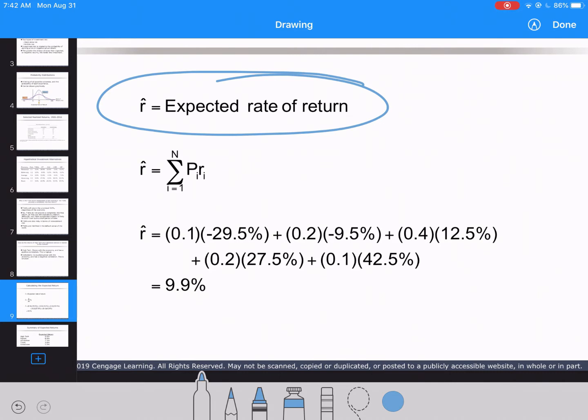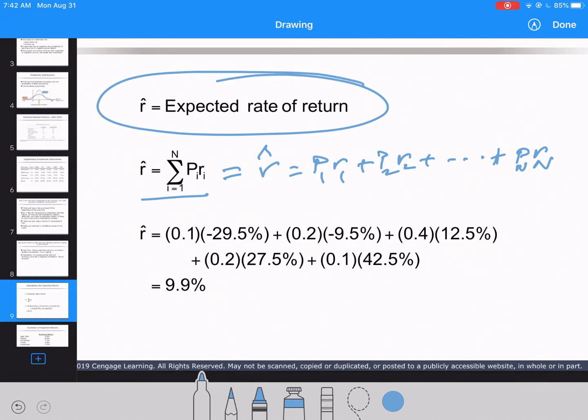The equation means our expected return is P1 R1 plus P2 R2, and so on up to N securities, which is Pn Rn.